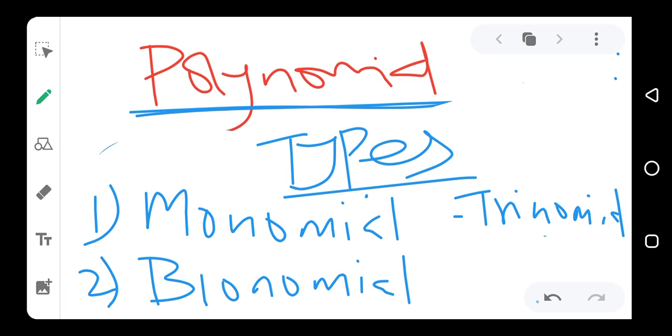Now, a monomial is a polynomial with one term. Binomial is a polynomial with two terms, while trinomial is a polynomial with three terms.